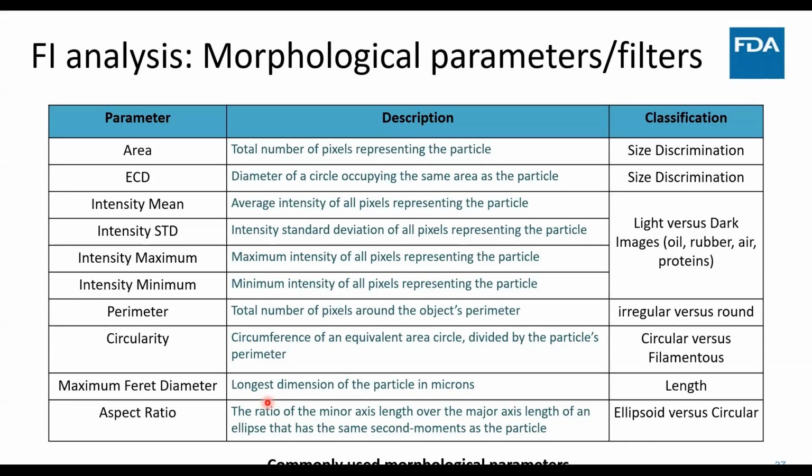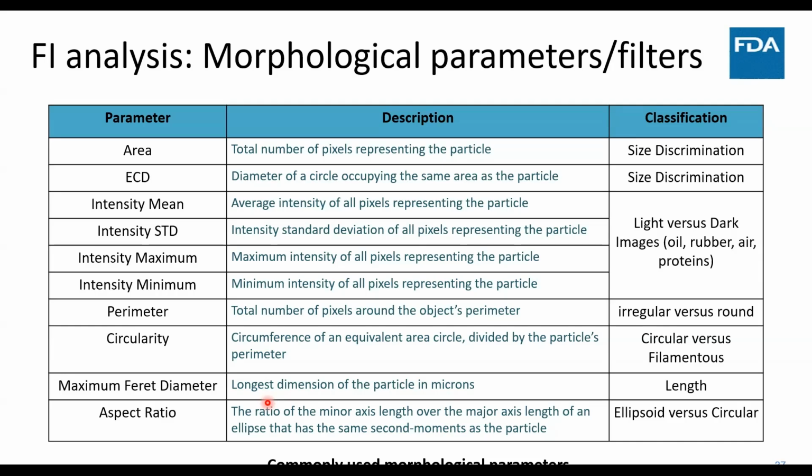And this chart gives us some of the morphological parameters or filters that we get from flow imaging. I'll go through how some of them are calculated or determined, but this is just a few of them. There are way more than that. There are different morphological descriptions or filters that we could get from our image, right? We could calculate different parameters from the image we get.